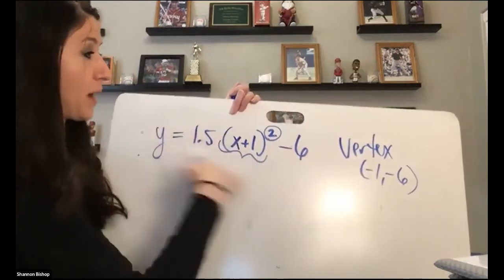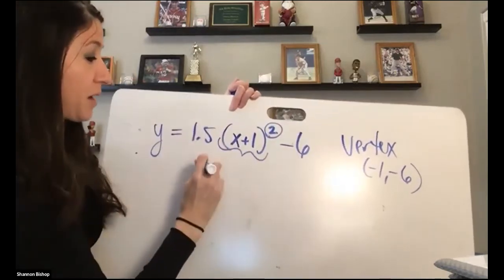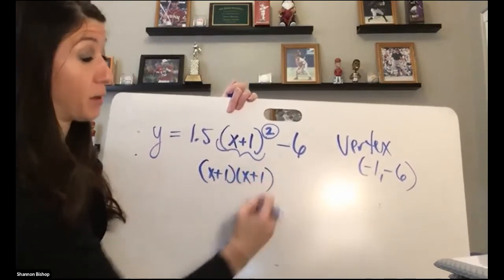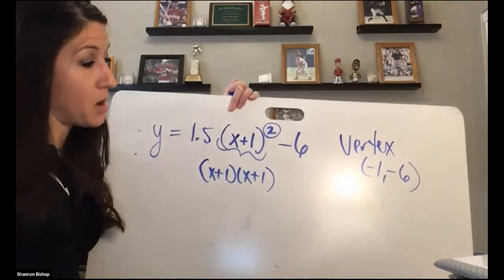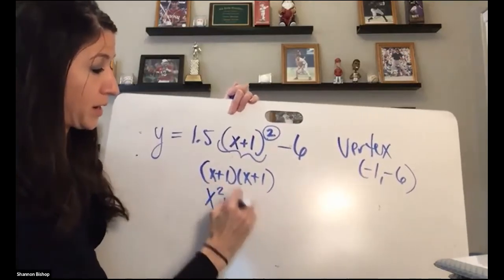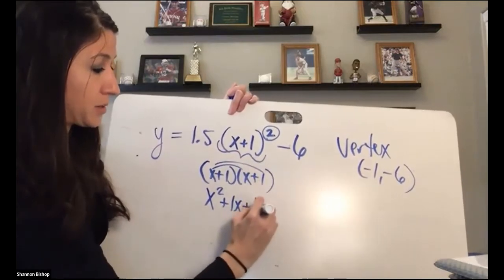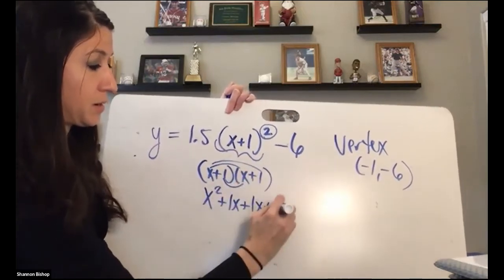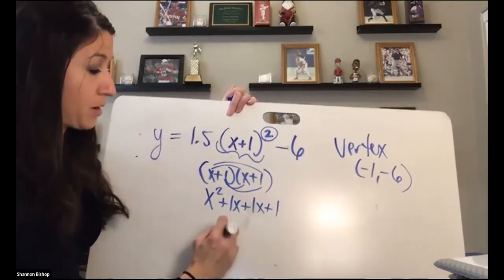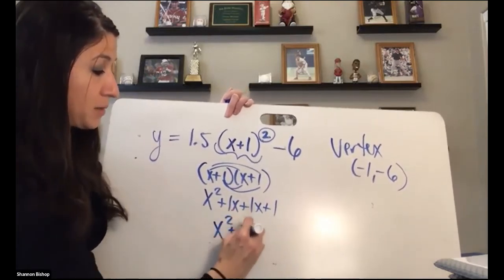So before you do anything else, you have to figure out what x plus 1 times itself is. So distribute that out, x squared plus 1x plus another x plus 1. So distribution, combine like terms, so you got two x's in the middle.